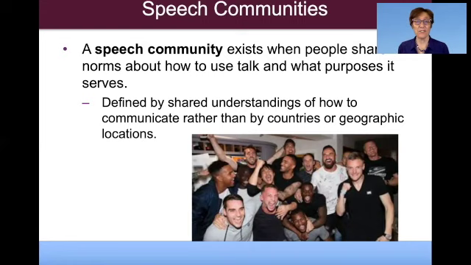And it's defined by the shared understandings of how to communicate rather than by just countries or geographic regions. So we're in the United States, which has lots and lots of different speech communities, but we are not the only country with lots of different speech communities.